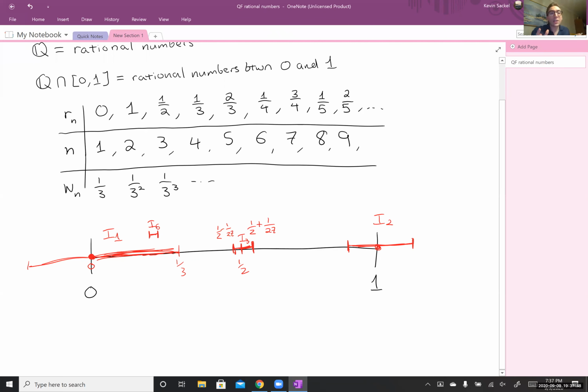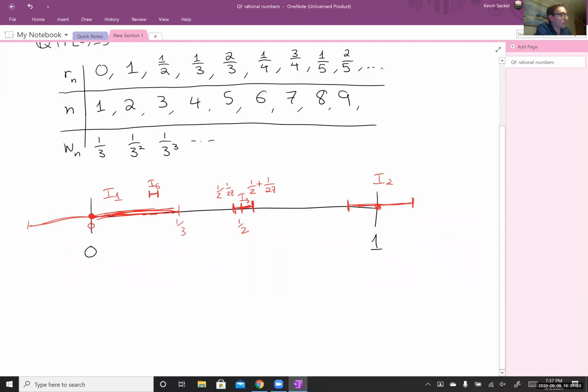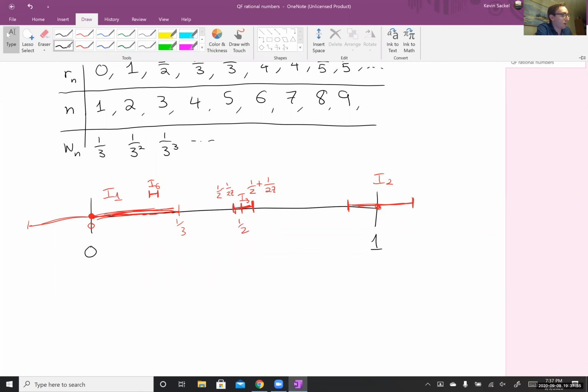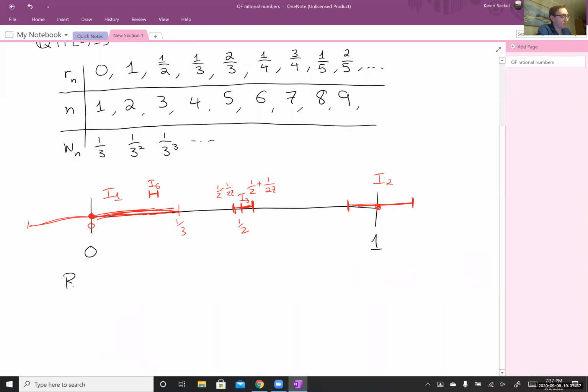Okay, so I have all of these intervals within the interval from 0 to 1. And what I want to do is erase them. So I want to remove all of these intervals. So remove from the interval 0, 1, all of these I_n's.